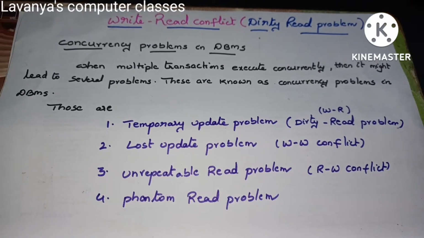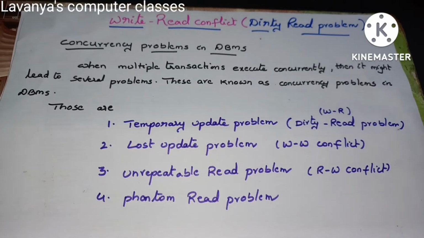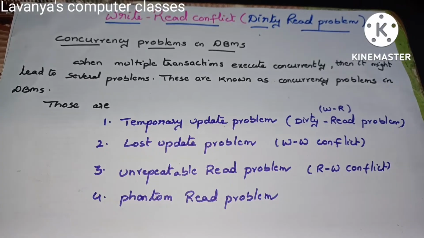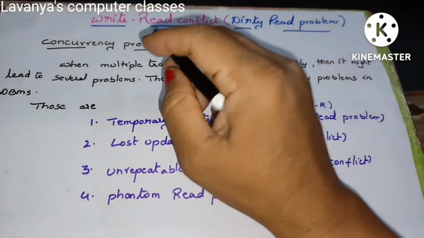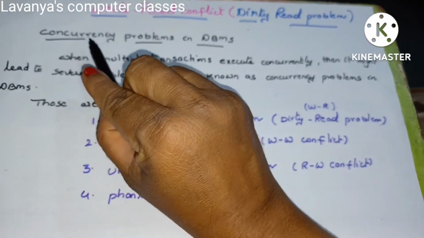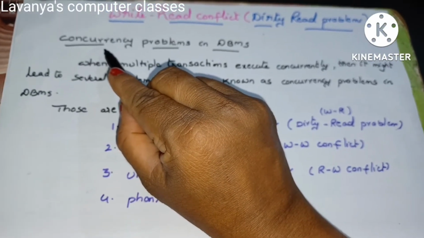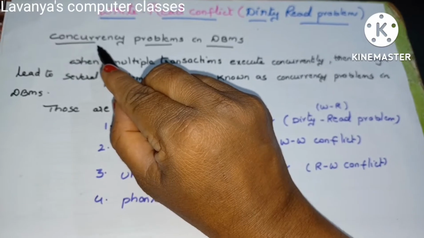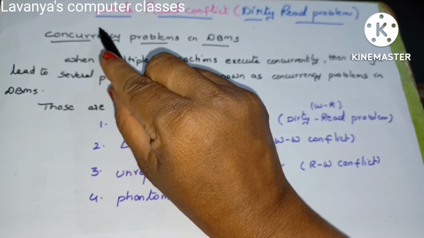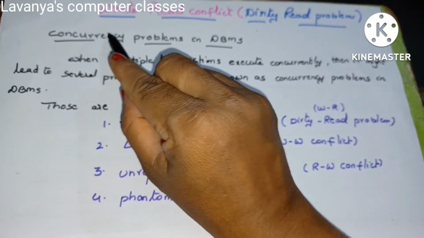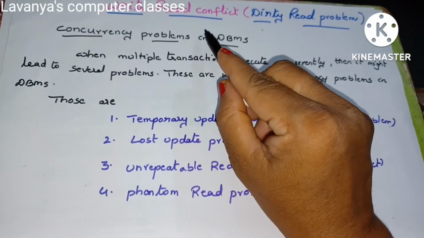The previous video already explained what is scheduling, what is serial scheduling and non-serial scheduling. Whenever you go to non-serial scheduling, that time you face some problems. In serial scheduling, you will not face any problem because transactions are executed one after another. Only in non-serial scheduling do you face the problem. Those problems are known as concurrency problems in DBMS.